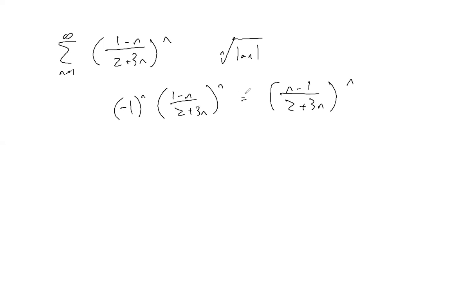Okay. You can try this on your own. Basically, what I've just done is I brought this negative sign inside, and I got this. So it just switches the order of subtraction. And now everything in here is always positive.